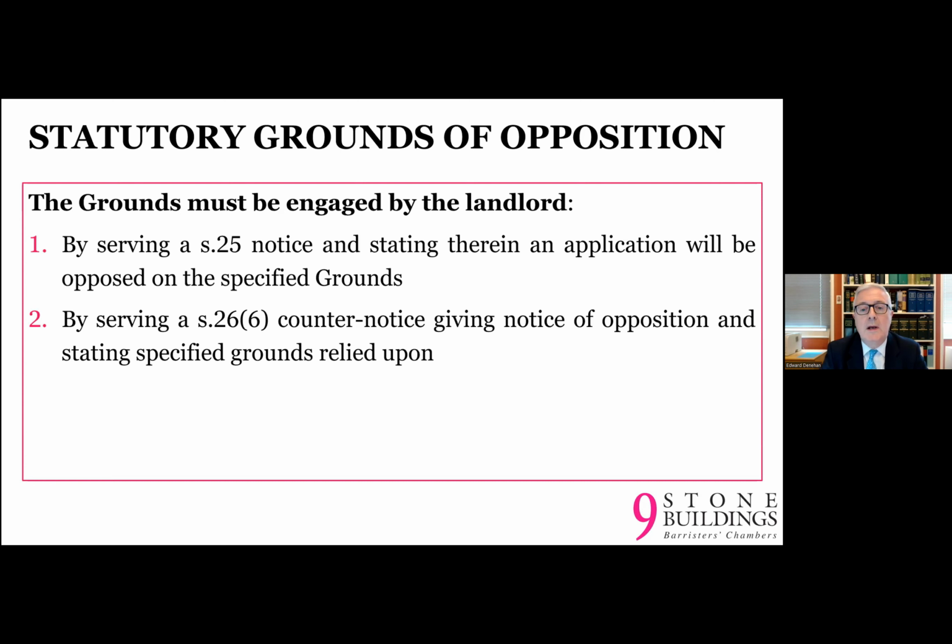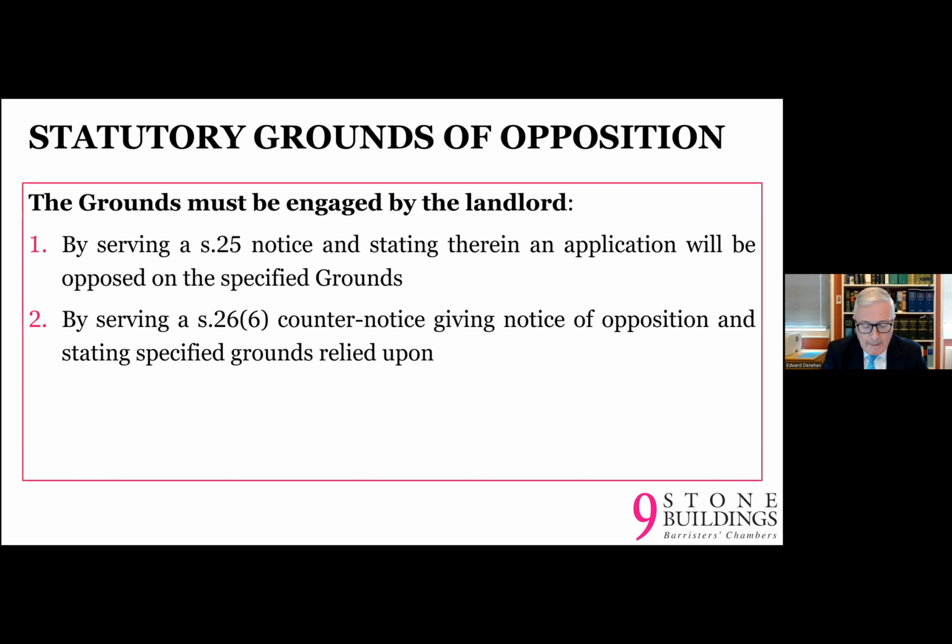It's important that landlords who take the initiative under section 25 or serve a counter notice under section 26(6) specify all those grounds that they want to rely upon, because one can't add to the grounds at a subsequent time.